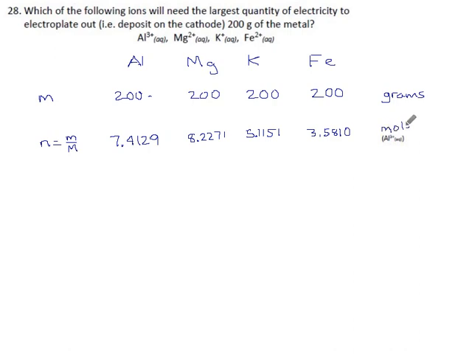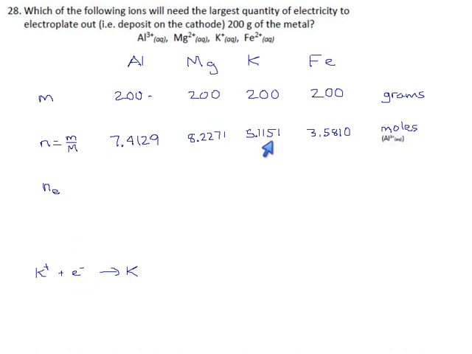Let's say moles there. And the next step is, if we have moles of metal, how many moles of electrons does it take to reduce it? For potassium, this is easy because the potassium reaction is K+ plus a single electron reduces to K. The ratio is 1 to 1, so however much potassium you're making, you need exactly that many electrons.